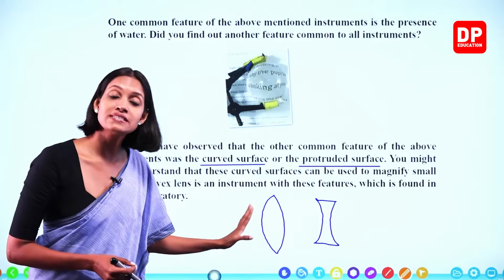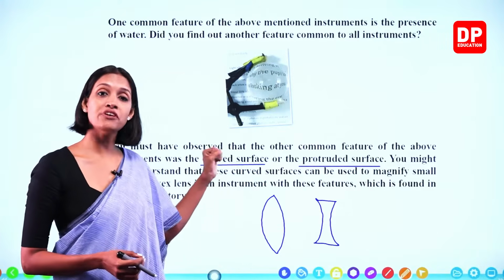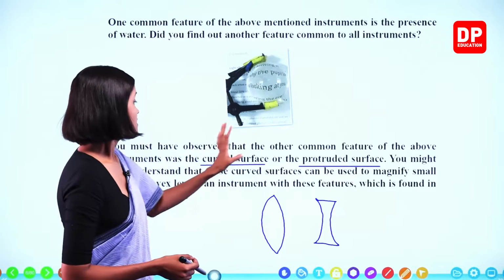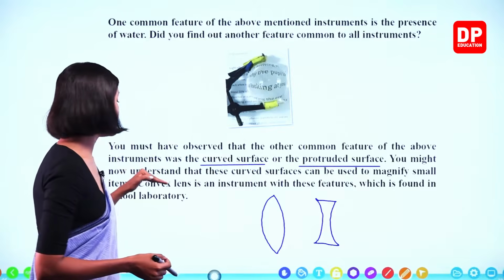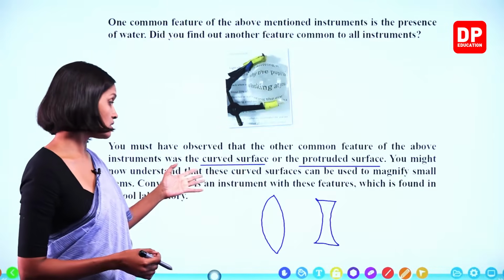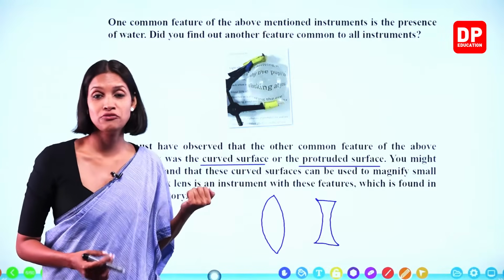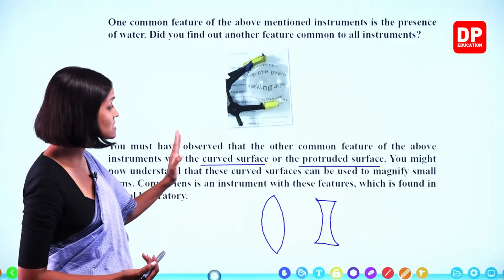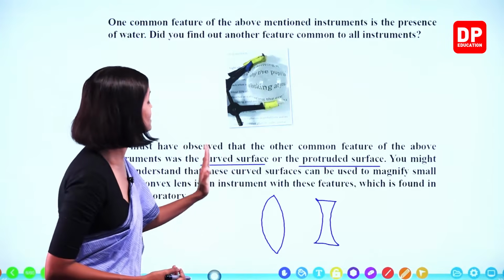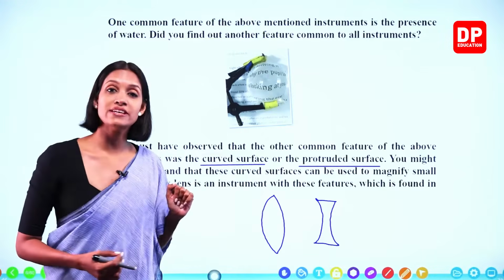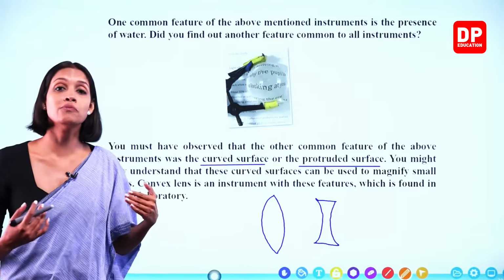Therefore, a convex lens can be used to magnify objects, right? It is found in the school laboratory. Convex and concave, all these types of lenses can be found in the school lab. But in this lesson, we are particularly discussing the convex lenses because we are learning about microscopes.